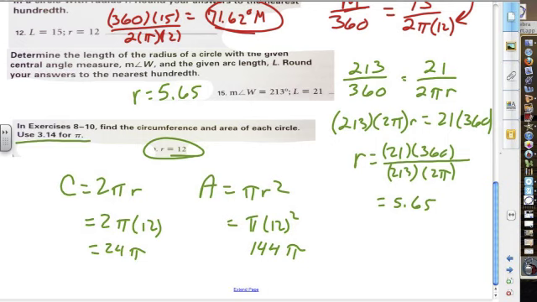So 24 times 3.14 is 75.36. And 144 times 3.14 is 452.16. Now this one would be units squared because it's area, and this will just be units because it's a circumference, it's a length. Okay, so those are our problems there to help us out.